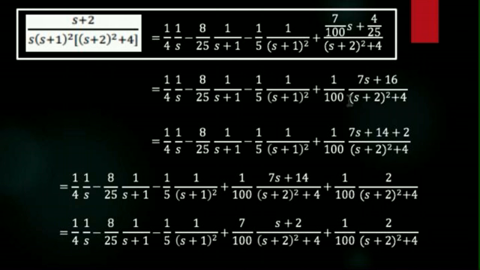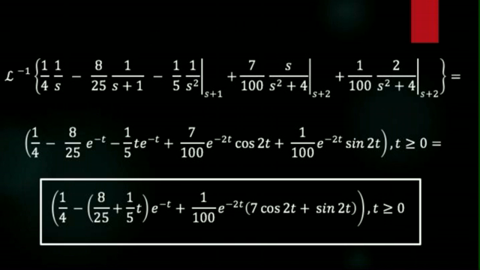In this part, the inverse Laplace of 1 over 4 multiplied by 1 over s is 1 over 4, and the same with minus 8 over 25 multiplied by 1 over s plus 1: it is the same constant multiplied by an exponential raised to minus t.